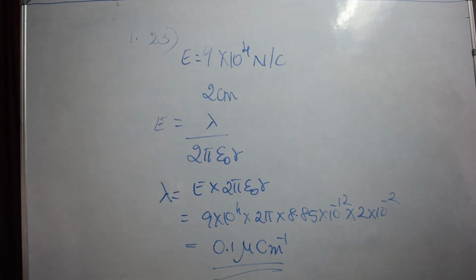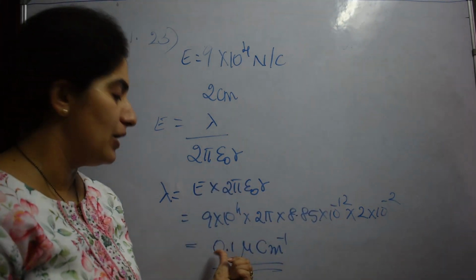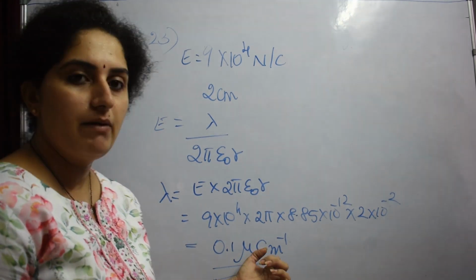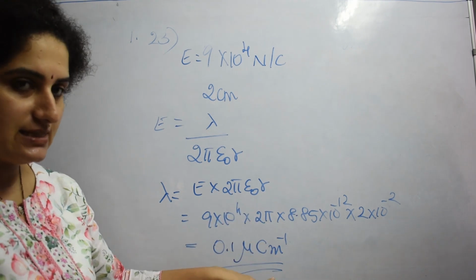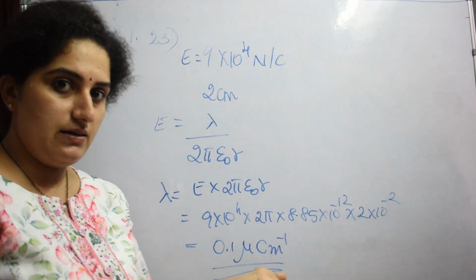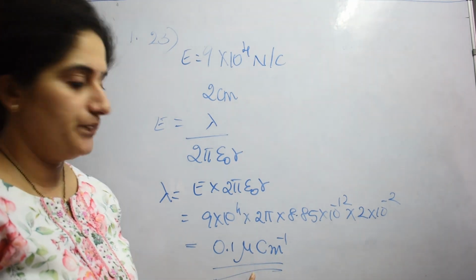In the simplification, you might get it in terms of 0.01 into 10 to the power minus 5. So when the minus sign goes to the right side, it is again increasing. So minus 6 is nothing but micro.